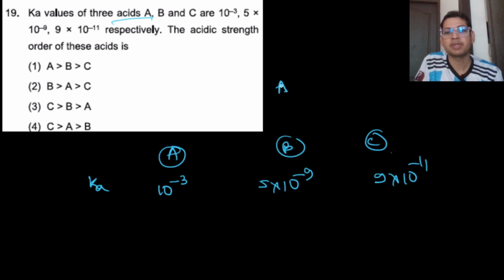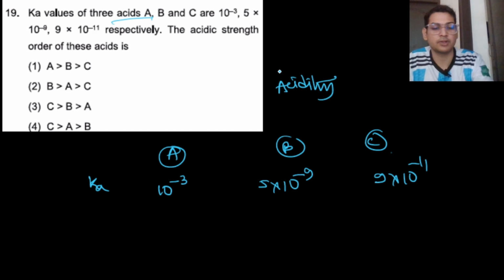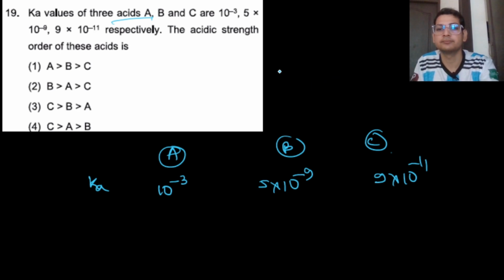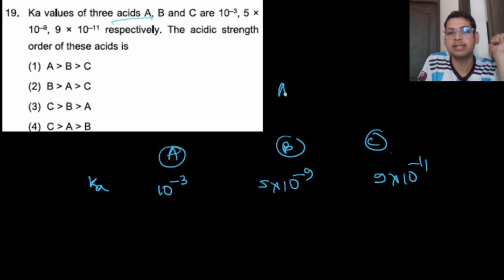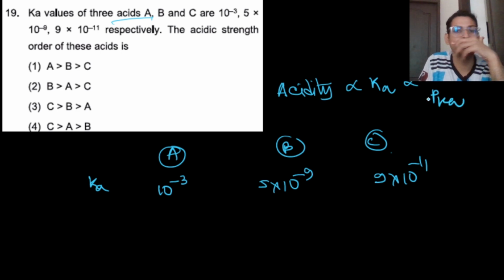So easy. Acidity is proportional to Ka, proportional to 1 by pKa, right?